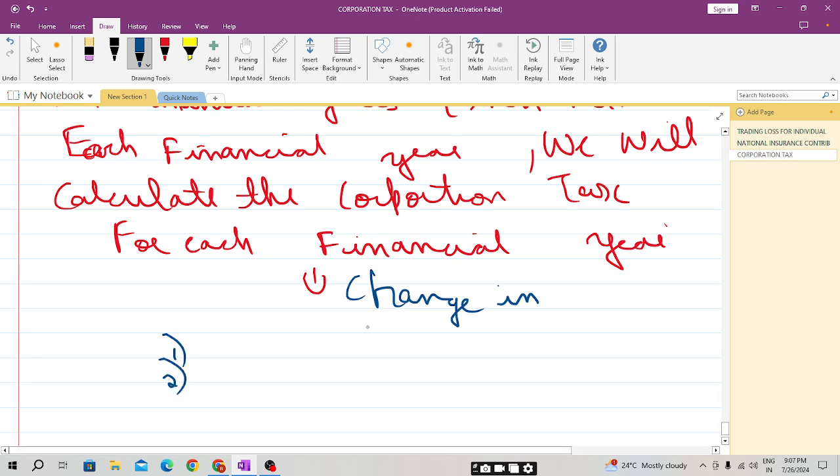The first one is the rates and the second one is the statutory limit. I hope this point is clear.